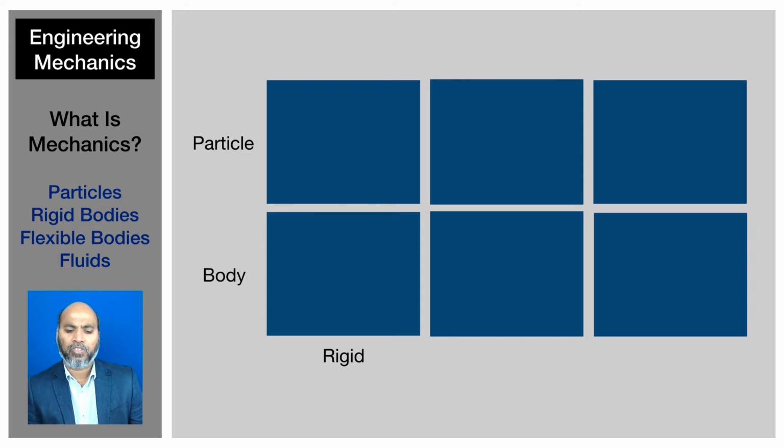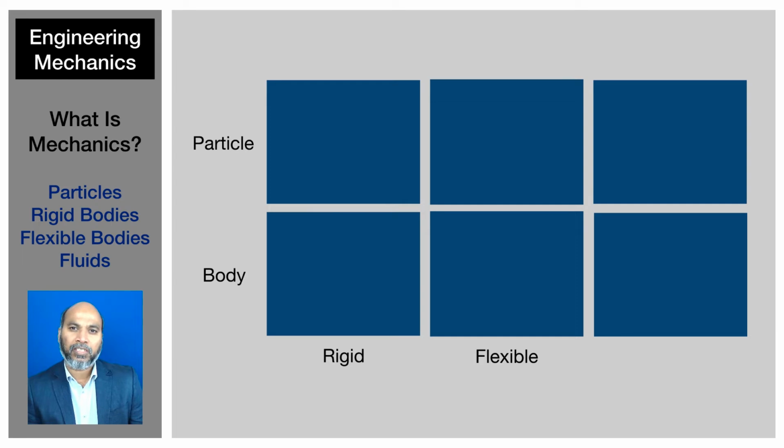Now, in the columns, the first column is about rigid bodies. Rigid as in there is no deformation when the forces are applied. At least we will ignore or neglect the deformation caused. So the deformation of the body is ignored or zero.